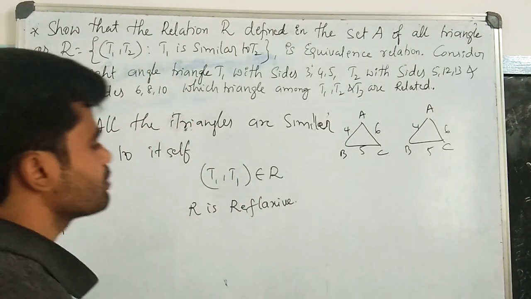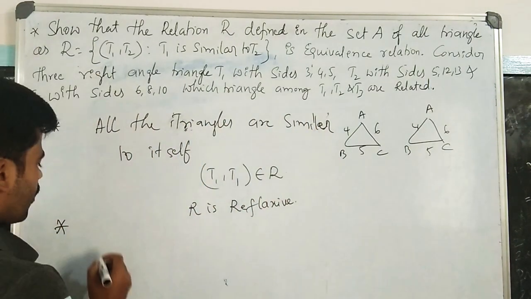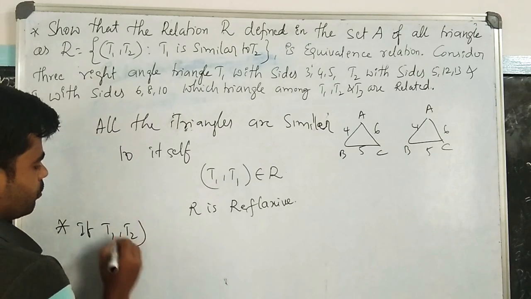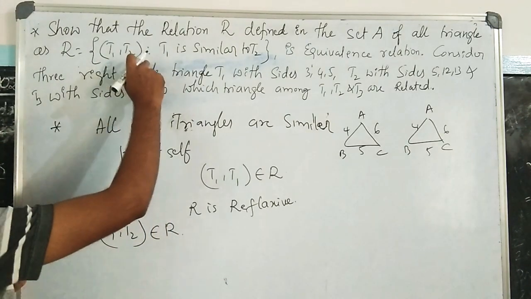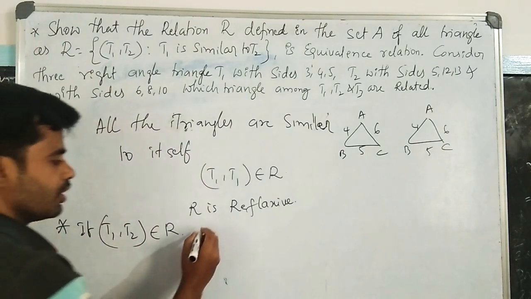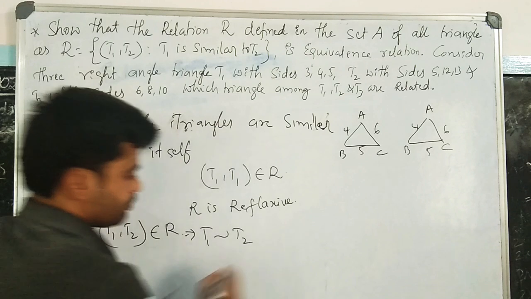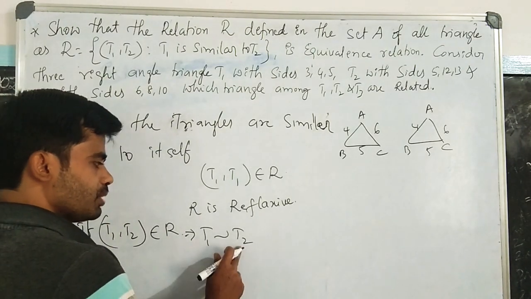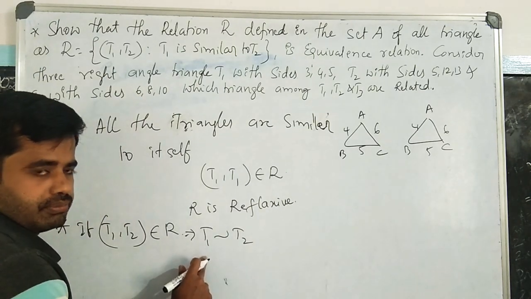We have to show whether this relation is symmetric or not. Now I will take one of the ordered pairs. If (T1, T2) belongs to R, what is the condition given? T1 must be similar to T2. Okay. Now T1 is similar to T2 means, can we say T2 is also similar to T1?